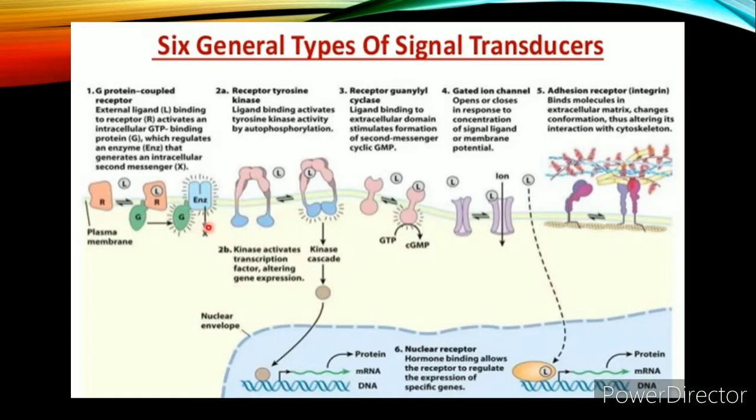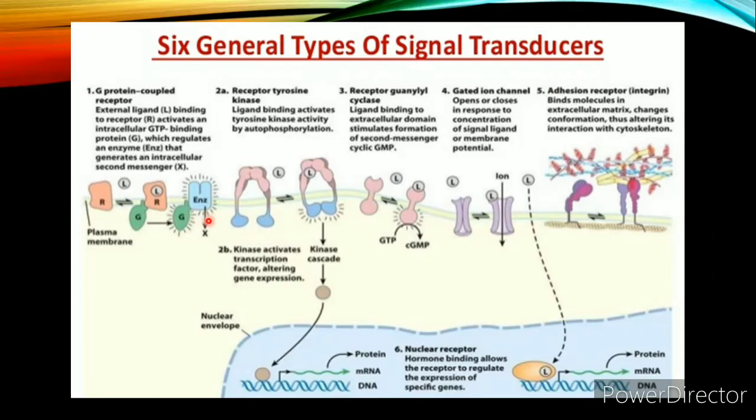The G protein receptor directly activates the G protein enzyme that generates the intracellular second messenger. This type of receptor is found in the beta adrenergic receptor system that detects epinephrine, that is adrenaline.